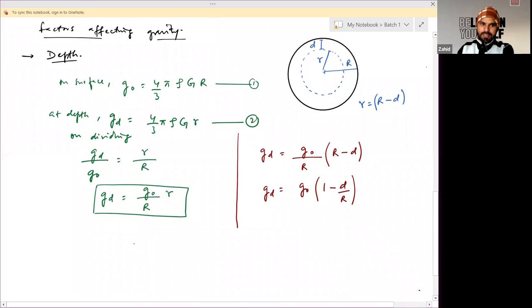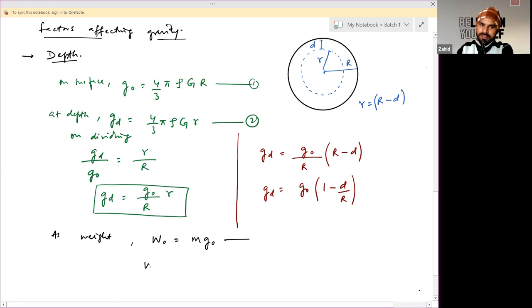Now we may calculate weight depending upon this particular gravity. As weight equals to nothing but mass times gravity. So on the surface of Earth, let's say W naught is equals to m times g naught.